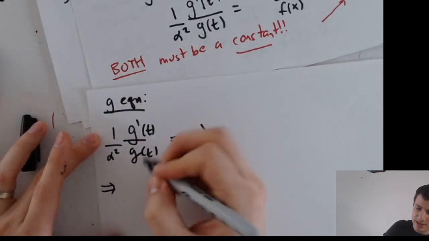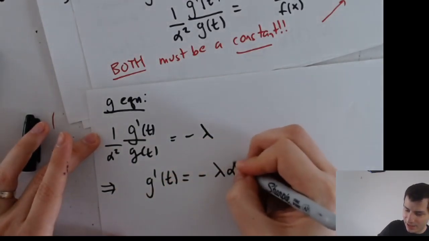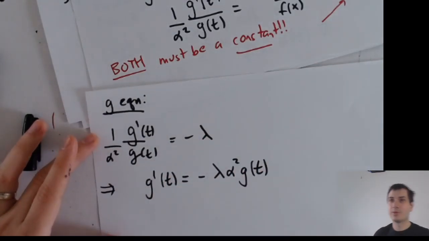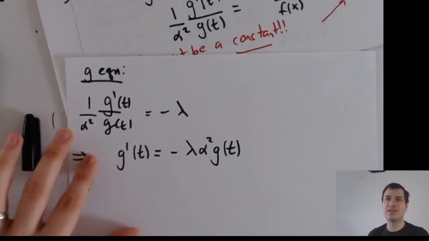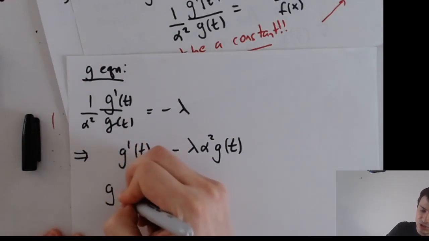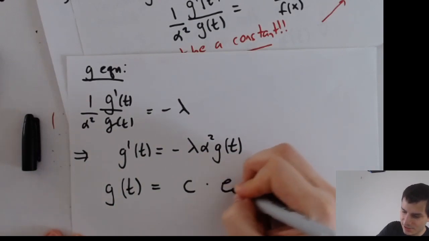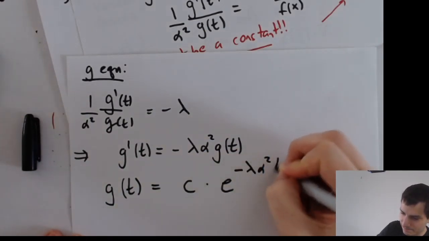Or another way to say that is g prime of t is minus lambda alpha squared g of t. So this has an easy solution. This is the world's most famous first order equation. The solution is g of t is some constant c times e to the minus lambda alpha squared t.